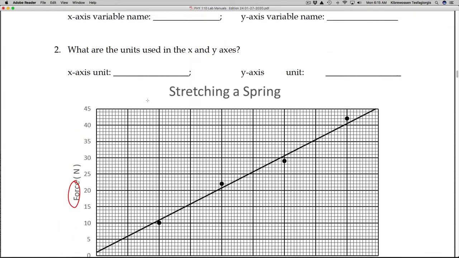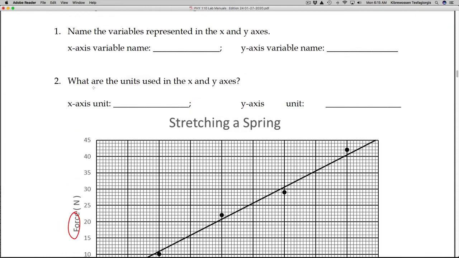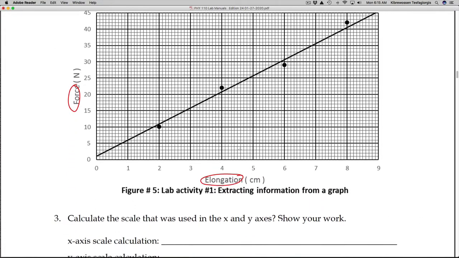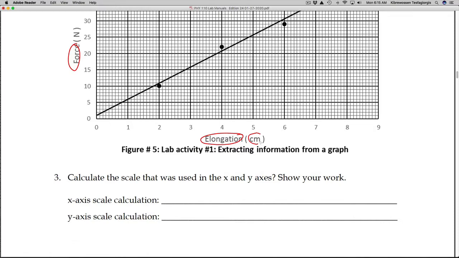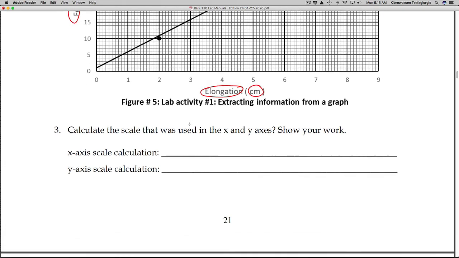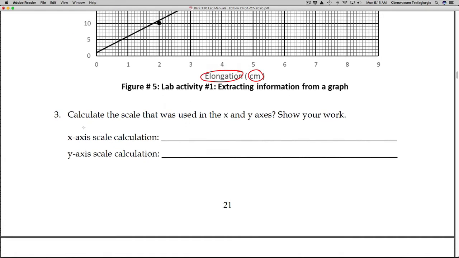Number 2 asks what the units on the x-axis are. This is the unit on the x-axis, and this is the unit on the y-axis. Then number 3 asks you to calculate the scale that was used in the x and y axis, and show your work. This is pretty much straightforward.